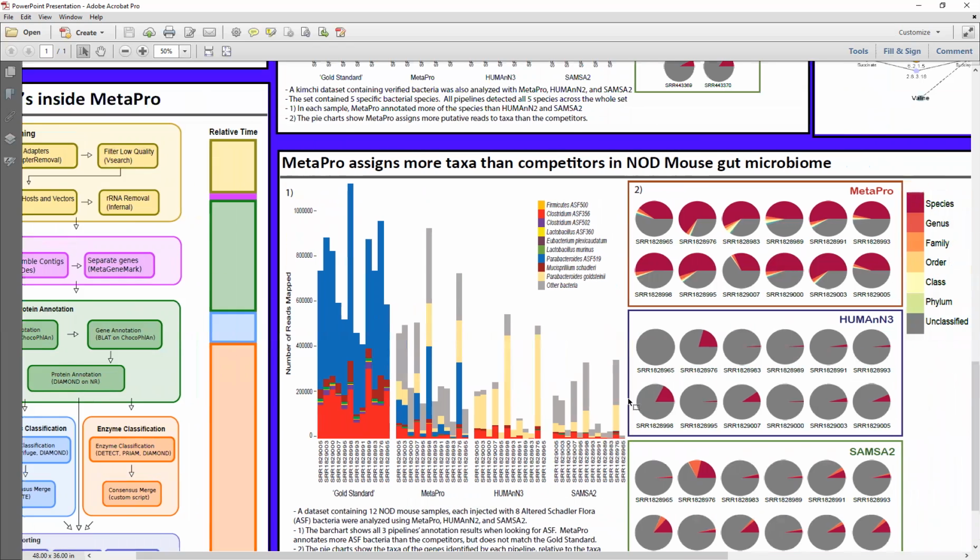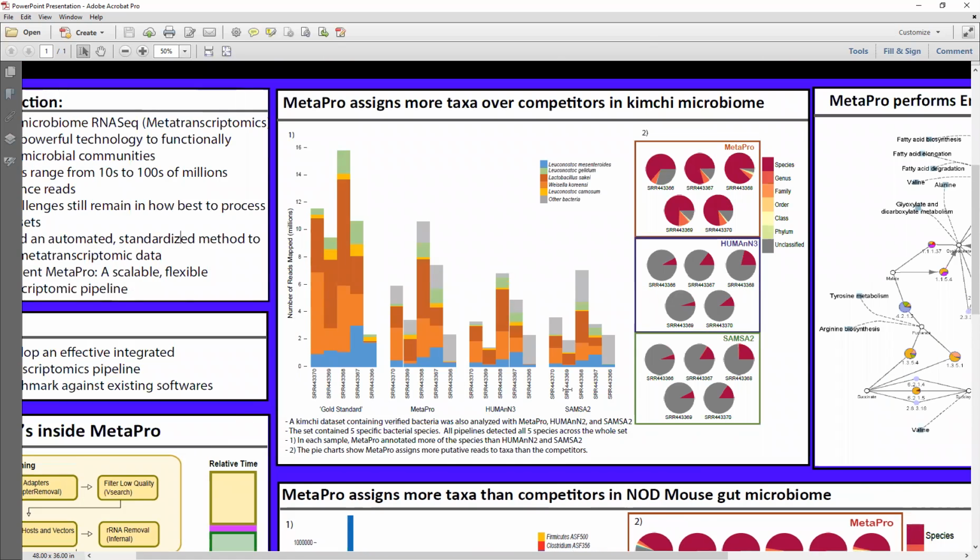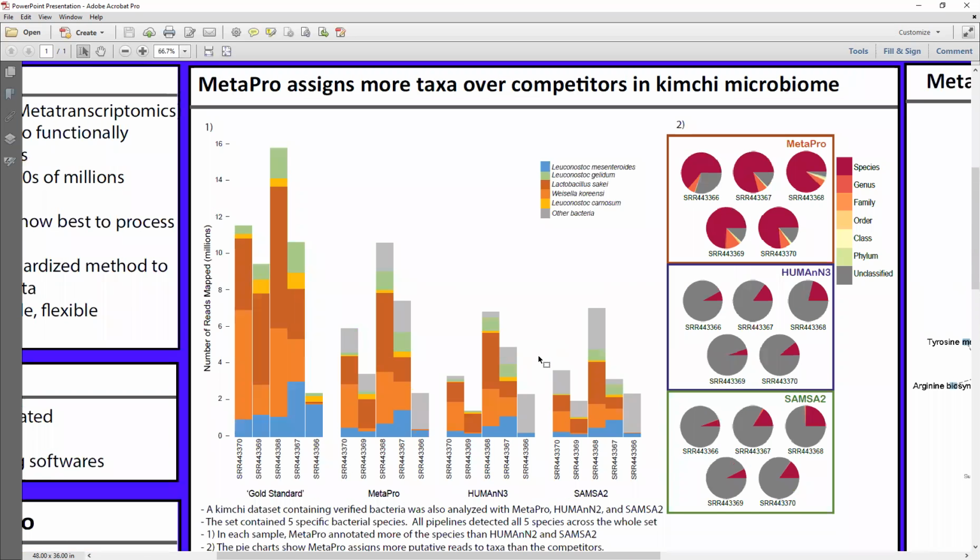Next, to compare the results between our pipeline, Human 3 and SAMSA 2, we sent a data set of 5 samples of kimchi with known lactic acid bacteria to see what each pipeline could pick up and in what quantities, displayed in this bar chart. The gold standard results were produced by running the samples through BWA with a reference database consisting of those known bacteria.